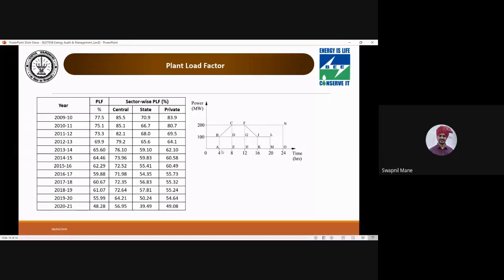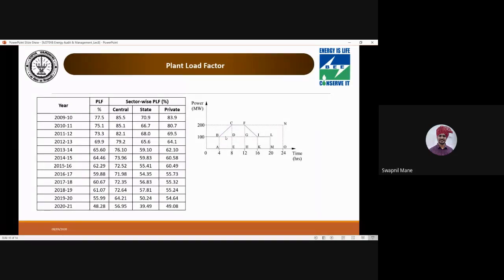From 4 a.m. to 8 a.m. there is a gradual increase up to 200 megawatt of power it is giving. From 8 a.m. to 12 p.m. it is giving me 200 megawatt of power. Again there is a decrease from 12 to 16, and then again it becomes zero from 20 to 24. So this is the load on the power plant.